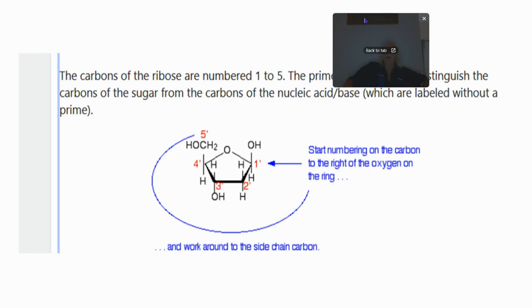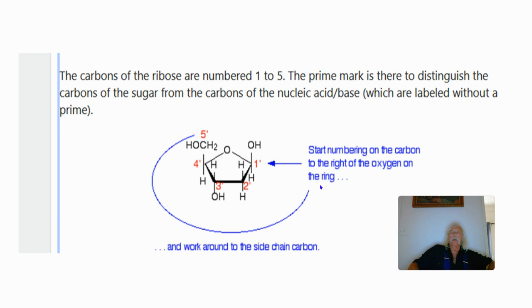Now, just to remind you, why are those numbers given primes? Because of nucleic acid nomenclature, which is based on biochemistry, the atoms that are in the nucleotide base, that is the adenine, the guanine, the cytosine, the thymine, or the uracil in RNA, right?